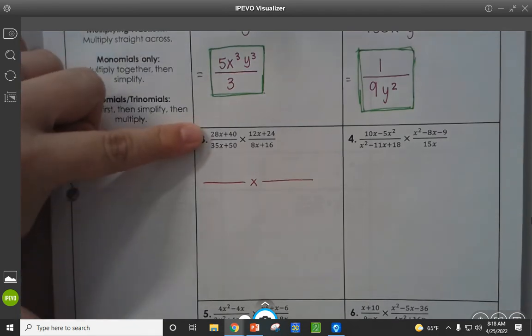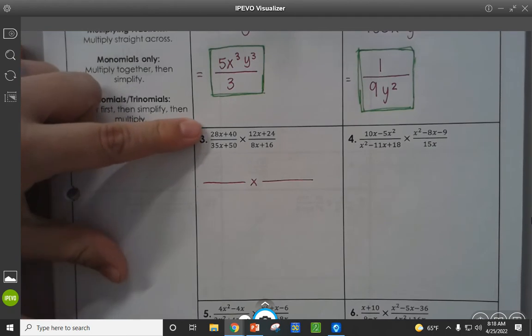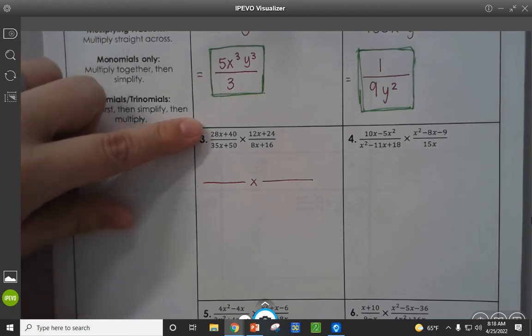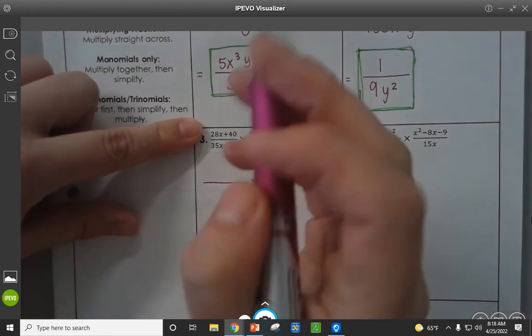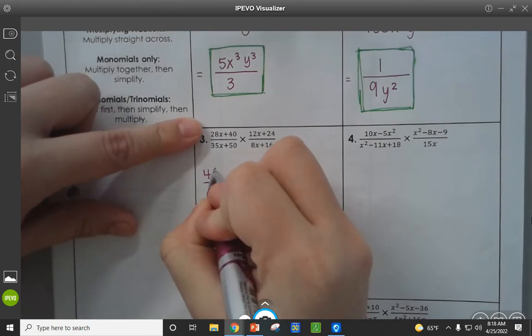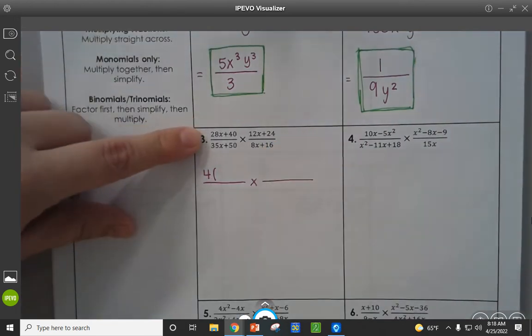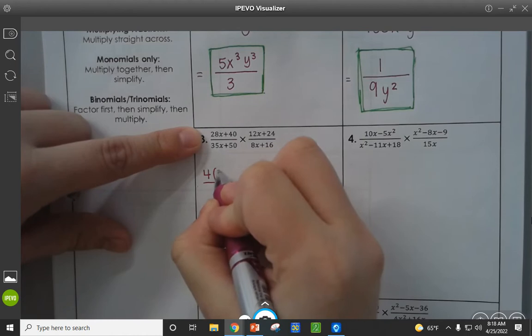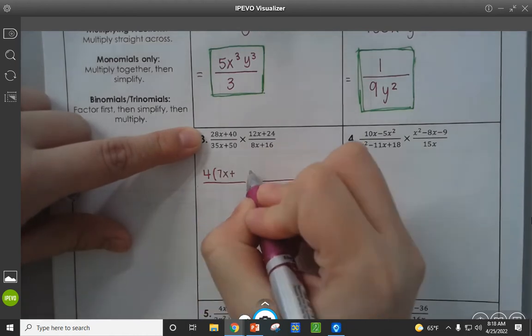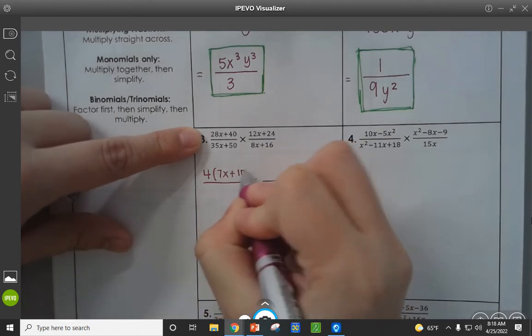So 28x plus 40. What's the GCF there? 4. And when I divide by 4, I'm left with 7x plus 10.